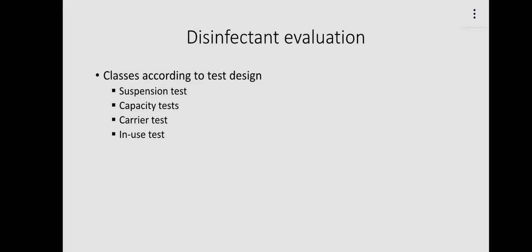So that means if you started with a certain number, then you would expect a reduction of 10 to the power 5 in viable counts per ml. So that's what the 5-5-5 refers to. 5 different microorganism species exposed for 5 minutes, and the expected result is a 10 to the power 5 reduction in viable counts per ml.